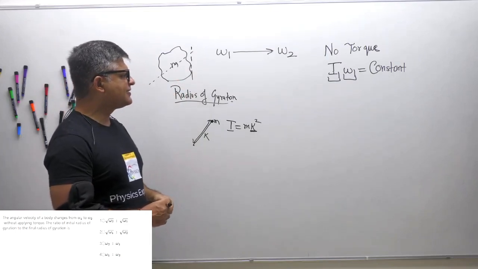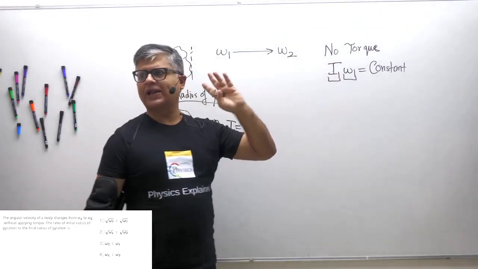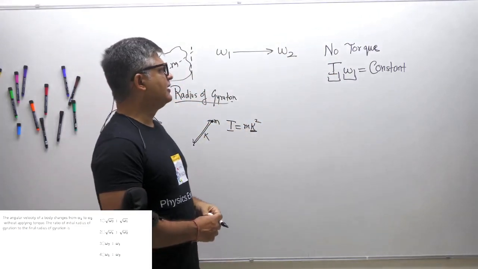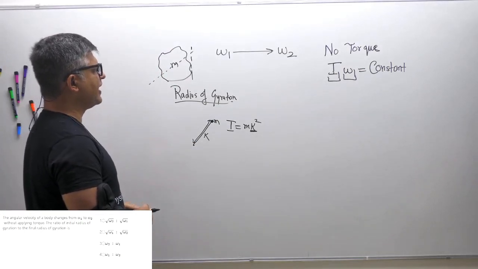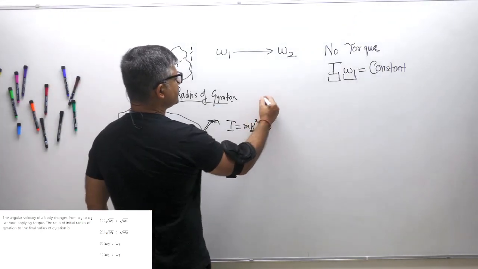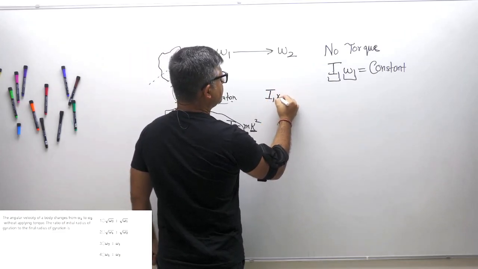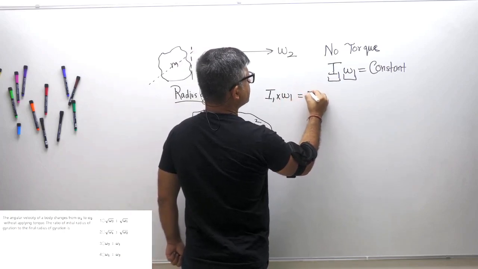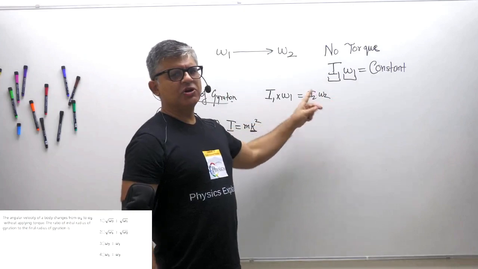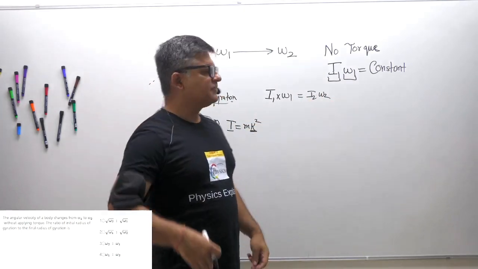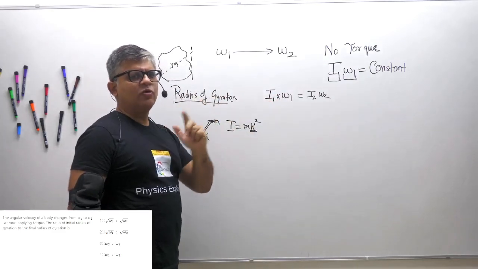Now let's use the knowledge of MK squared to calculate the ratio of the radii of gyration. Let's say initially the angular momentum was I1 omega 1, and this becomes I2 omega 2, which means you change your rotation and the moment of inertia by moving the axis.